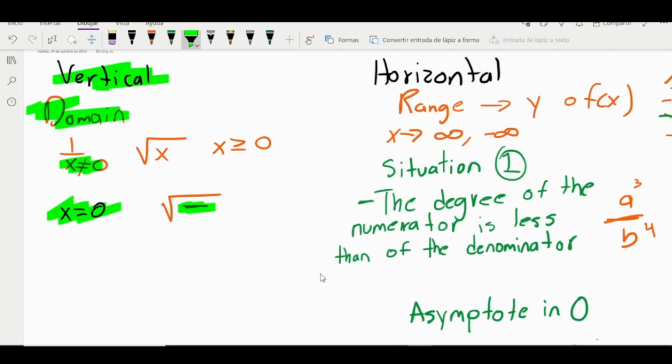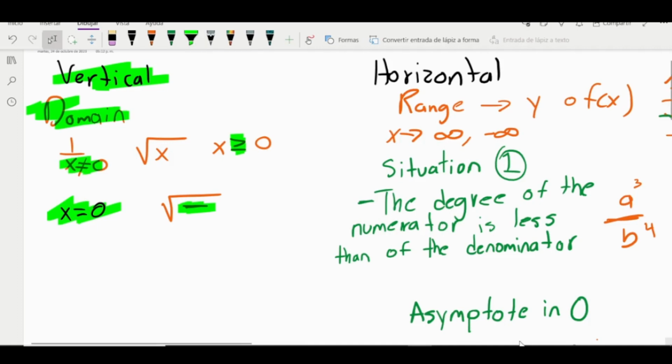In the first case, we represented this as an equation. Here, it's going to be an inequality. We need to find all the positive values, or also the values that can become 0. We can read the expression like x is greater than or equal to 0. So, that's the situation with the vertical asymptotes.